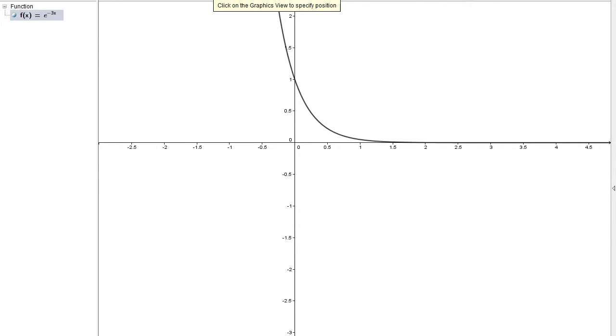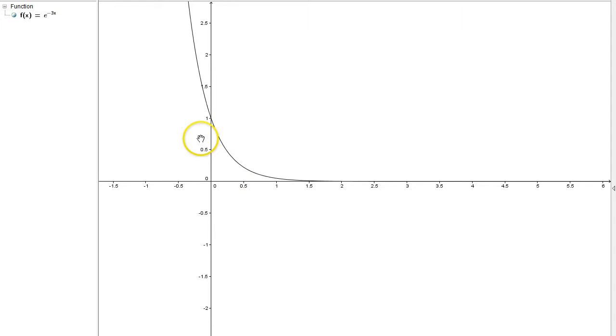So we're going to find the area between 0 and 1, this shaded region right here. They've given us an approximation, 0.32. Yeah, it's right there, 0.32.